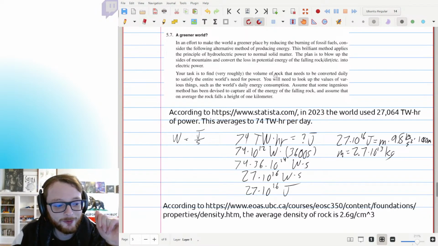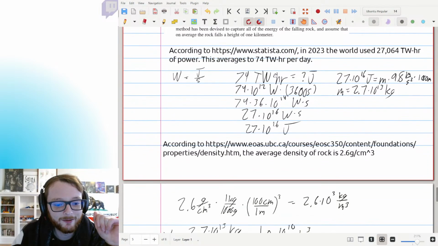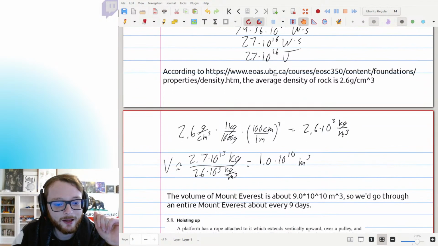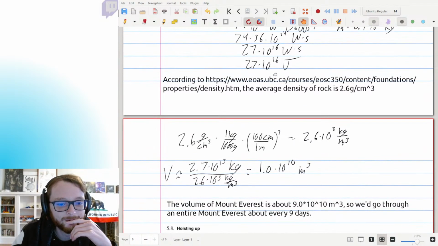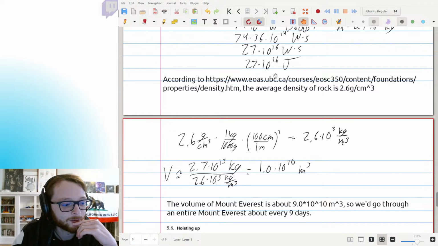And I found you would have to blow up a Mount Everest worth of rocks about every 9 days to keep up with the world's energy consumption. Assuming you can somehow capture the energy of the falling rocks, which is kind of left as an exercise to the reader.